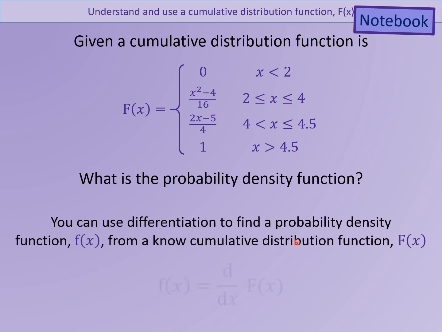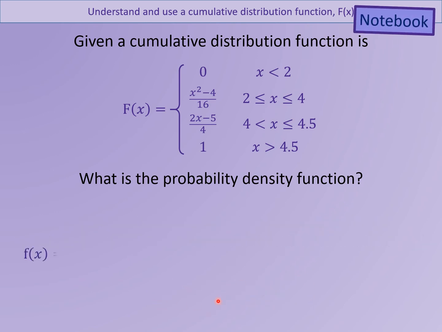And that's what we're going to be using here. You can use differentiation to find a PDF from a known CDF. So look at the subtle difference there. It's literally saying if you differentiate your capital F, you get your lowercase f. If you differentiate that function, you get that function. Okay, pause it if you need more time on that.